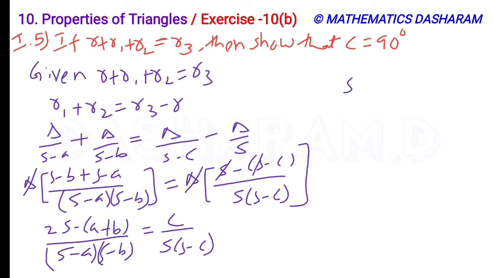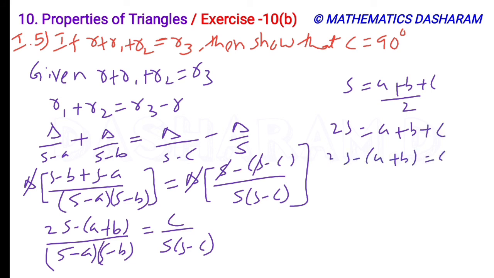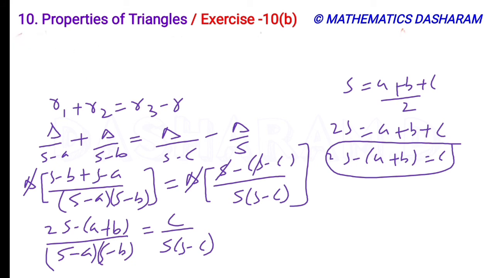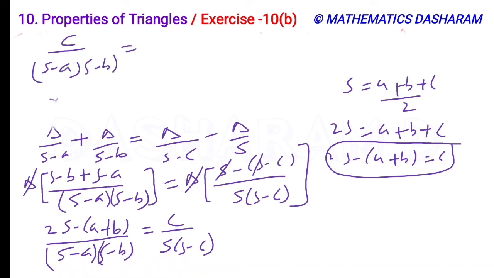But actually the s formula is a plus b plus c divided by 2, then 2s is a plus b plus c, then 2s minus bracket of a plus b equals c. So this value can be substituted. So it equals c divided by (s minus a) into (s minus b) equals c divided by s into (s minus c).